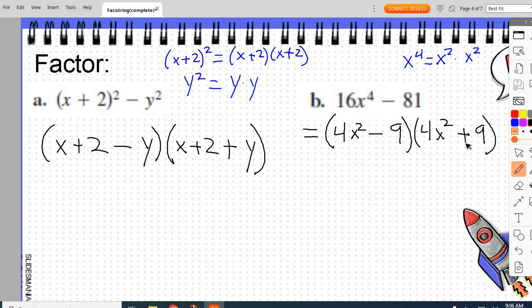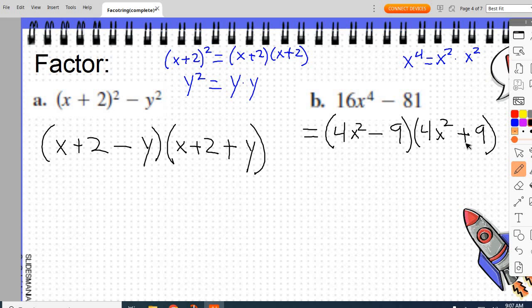Now, do we notice anything about either one of those parentheses? They both have 4x squared. What's special about 4x squared? Yeah, it's not prime. We can factor it again, right? So 4x squared and 9 are also what? Perfect squares.